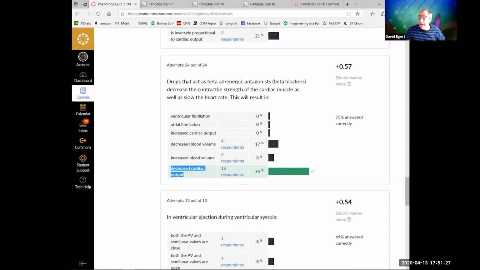I was trying to say that very explicitly. So if it didn't click at first, go back and make sure you understand why that makes sense and what's going on with these drugs.